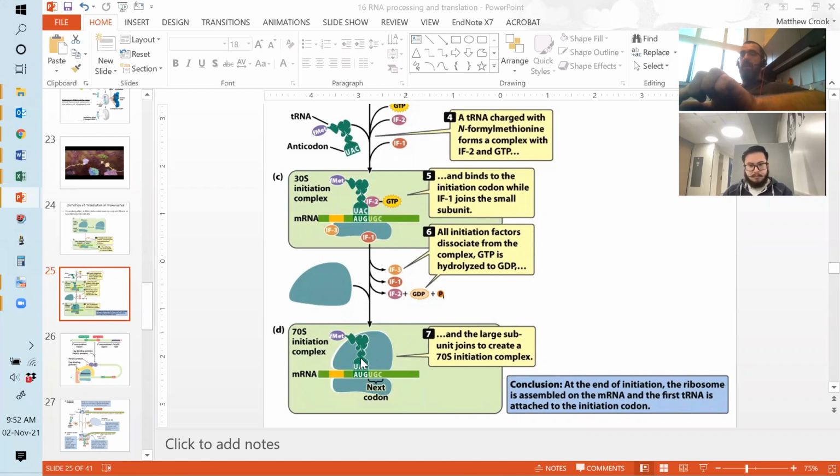You have a tRNA in the P site, and you have an empty A site. So now it's possible for a new tRNA with an amino acid to come into that A site.